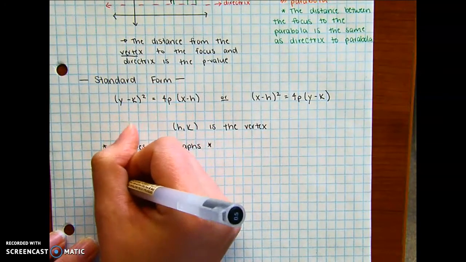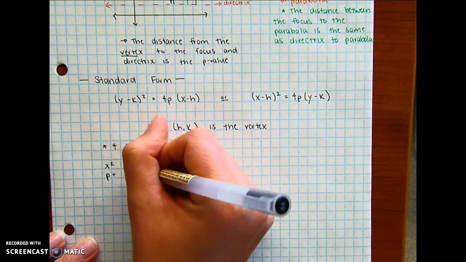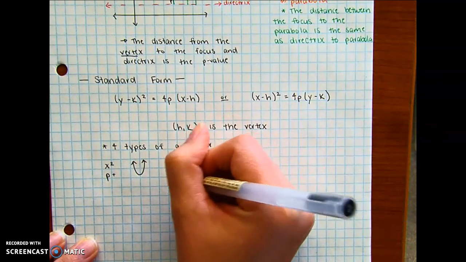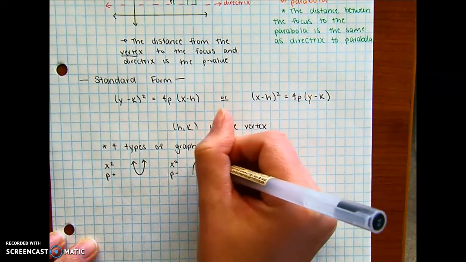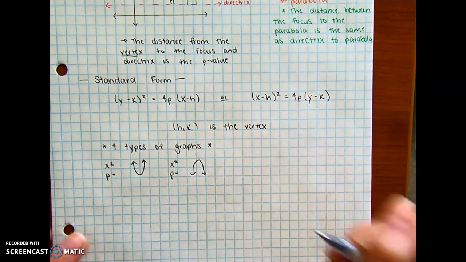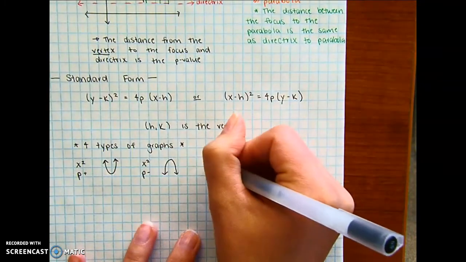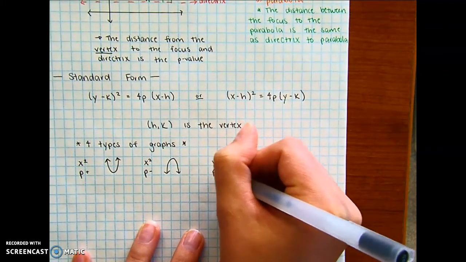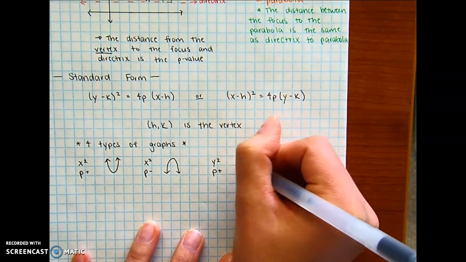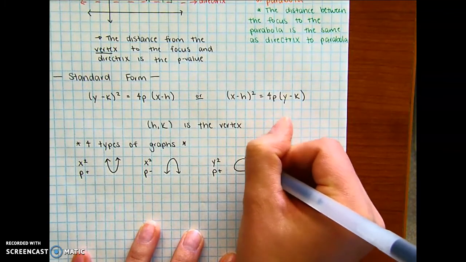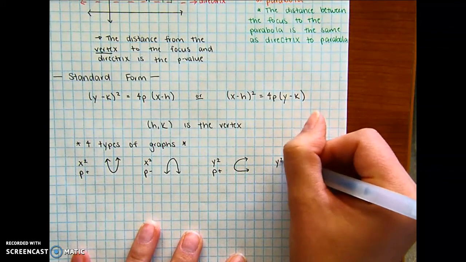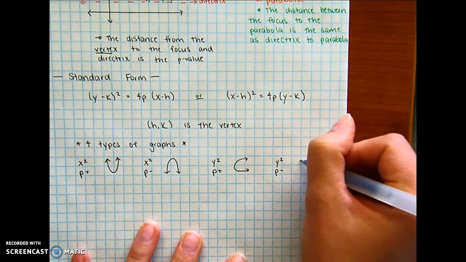And if it's positive, then we'll be opening up. If you have x squared and p is negative, you'll be opening downwards. It's a reflection. If we have y squared, we'll be opening to the left or to the right. If p is positive, then it's going to be opening up towards the positive values on your coordinate plane. And if we have y squared and p is negative, it will be opening up towards those negative values.